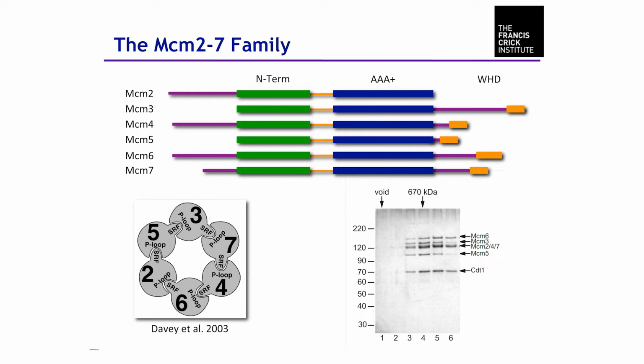So in budding yeast, and this is specific for budding yeast, so I'm really going to talk about how it works in budding yeast, and it's very similar in human cells, but it's slightly different. But in budding yeast, when you purify this MCM complex, you get another protein that co-purifies with it, called Cdt1, which is essential for the MCM loading process.